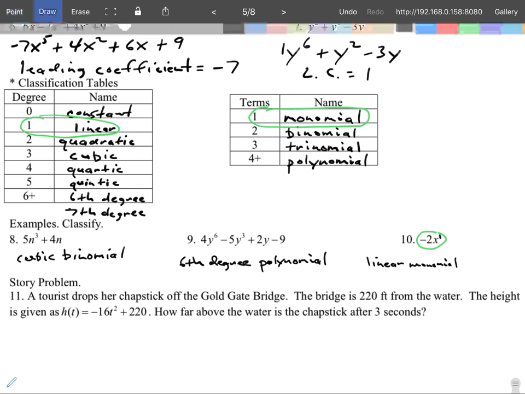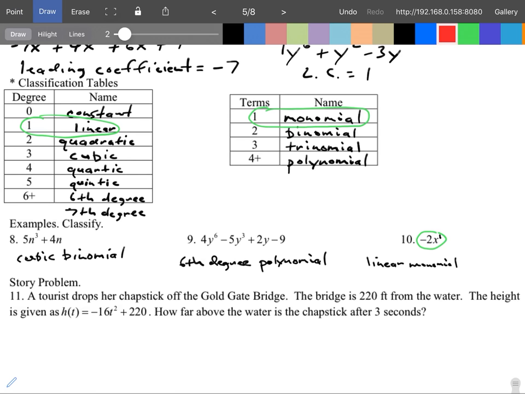So really all you got to do is take the 3 that they gave you and plug it in for the time right there. So just plug in 3 for t.